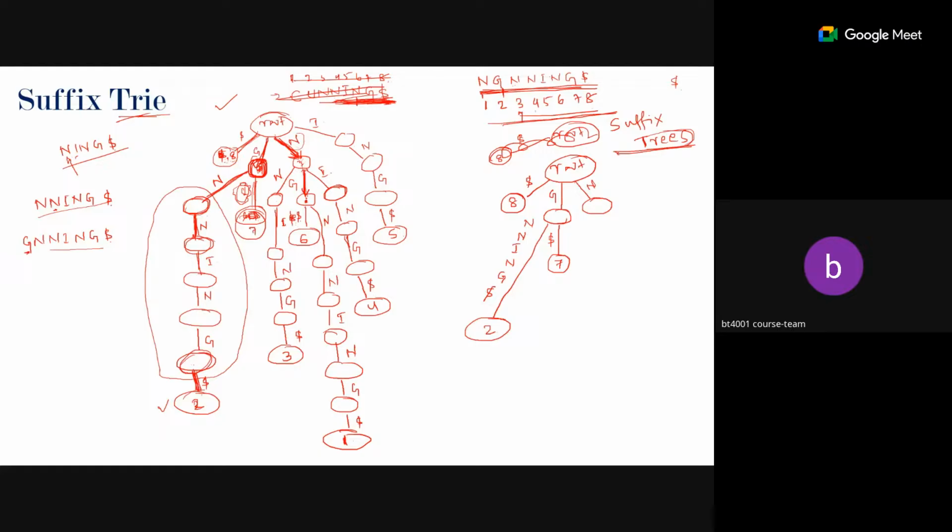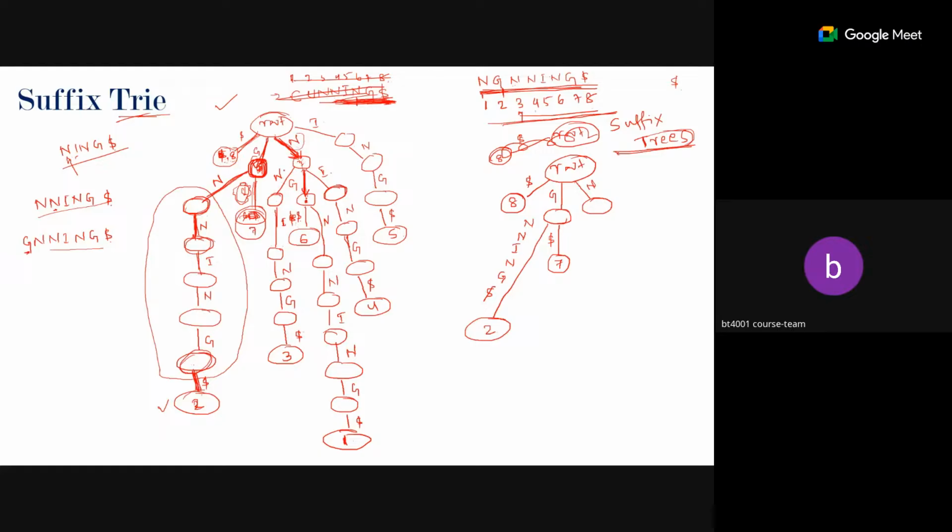So now what happens? Let's consider this path. This is a single path, there are no children. Every node along this path has exactly one child, so we will compress all of these nodes into one edge, and that edge will store the string representing all the characters from here to here.